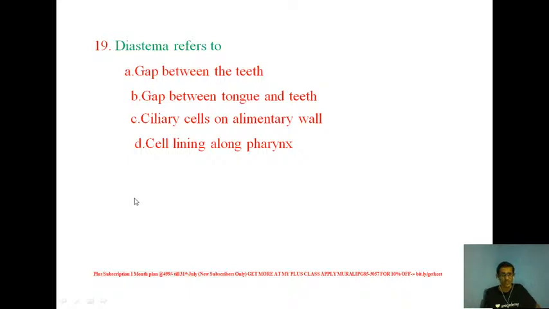Diastema refers to what? It is one of the small abnormalities. Nothing will happen, but a small abnormality with respect to what? Gap between the teeth, gap between tongue and teeth, ciliary cells on alimentary wall, cell lining along pharynx. So diastema refers to what?